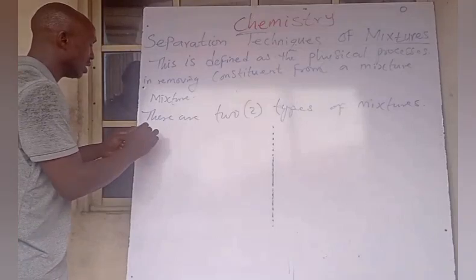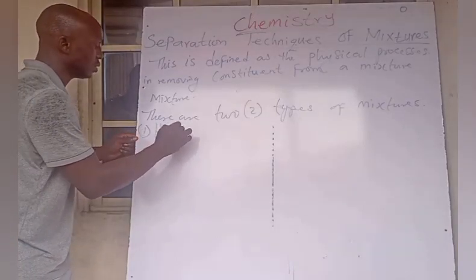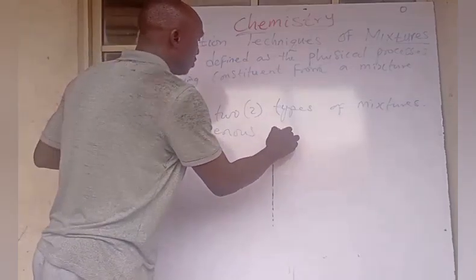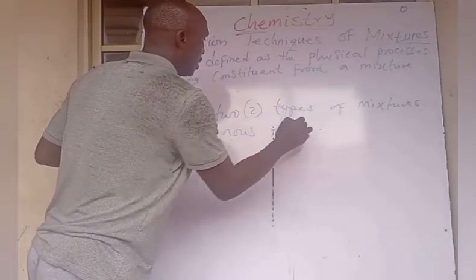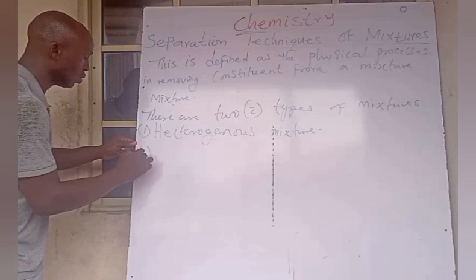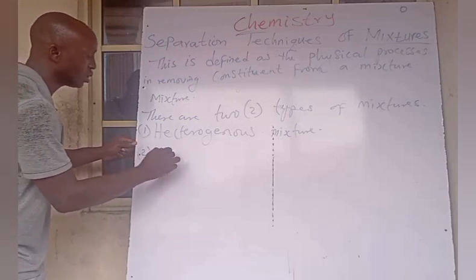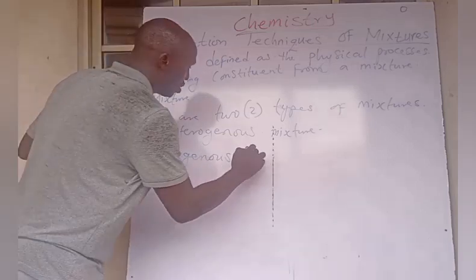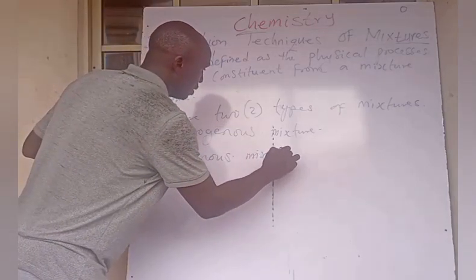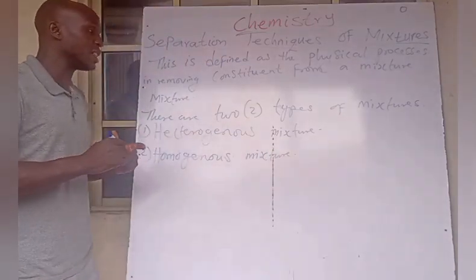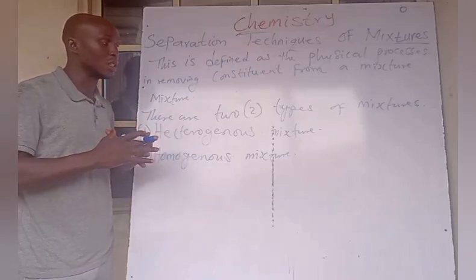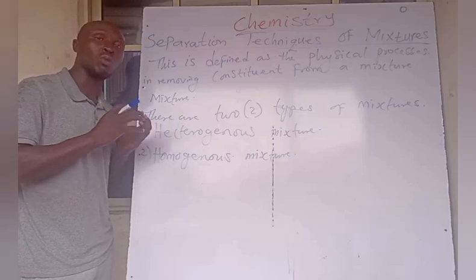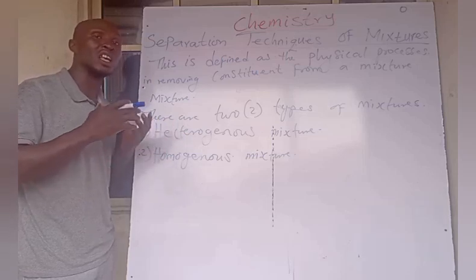Number one is the heterogeneous mixture, and number two is the homogeneous mixture. I would have explained this in the previous episode, but in this episode it will be better explained.